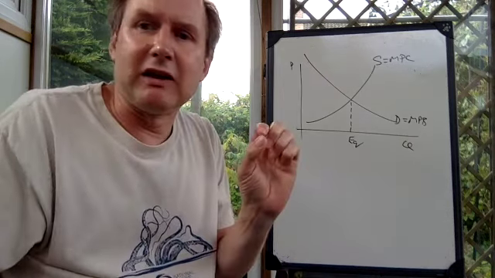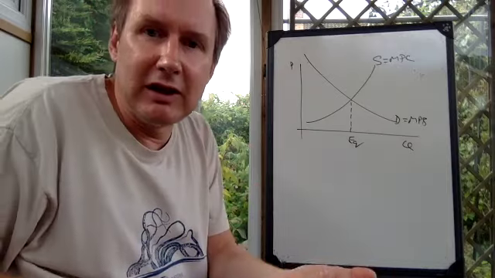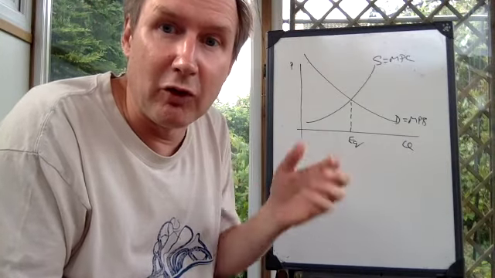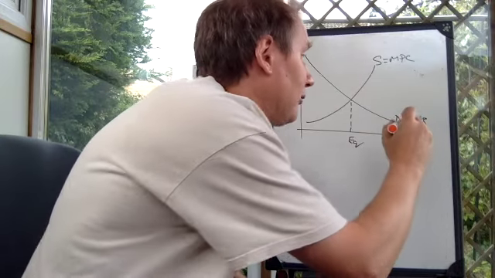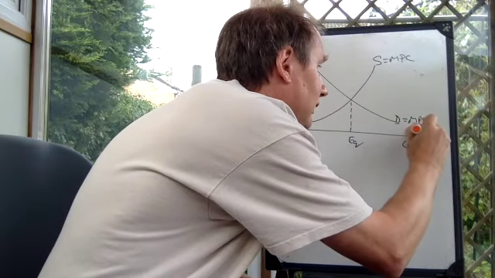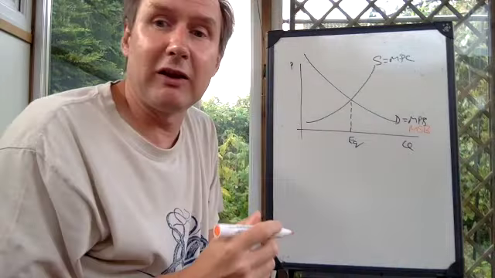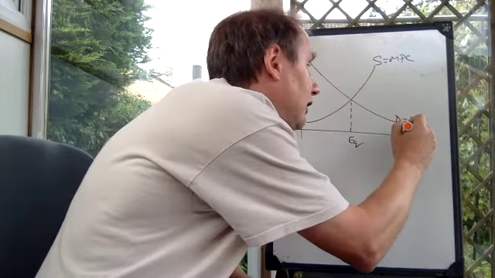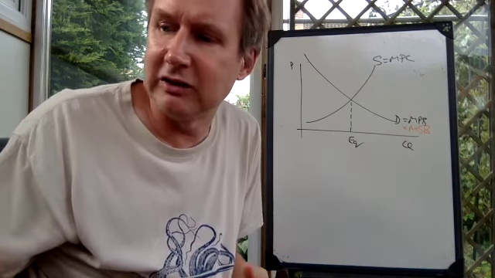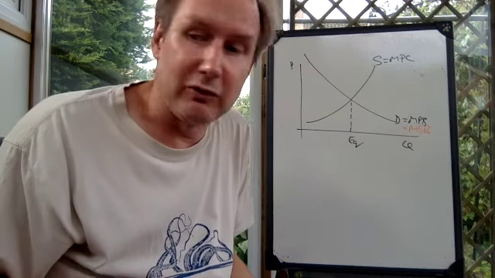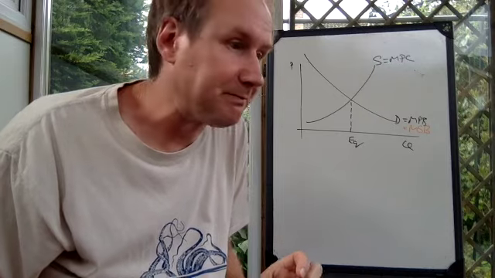Now, in this case, we're assuming that there are no negative or positive side effects from consumption. So for the demand line, the marginal private benefit and the marginal social benefit are the same, because we have assumed there are no externalities in consumption. The externality results from production.